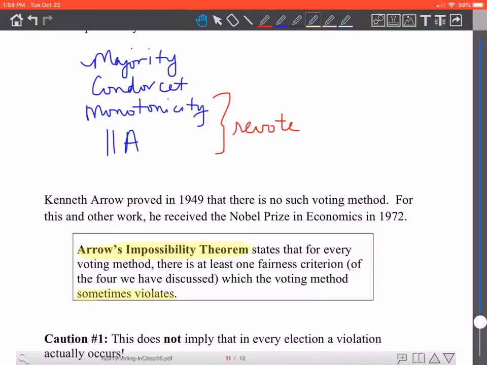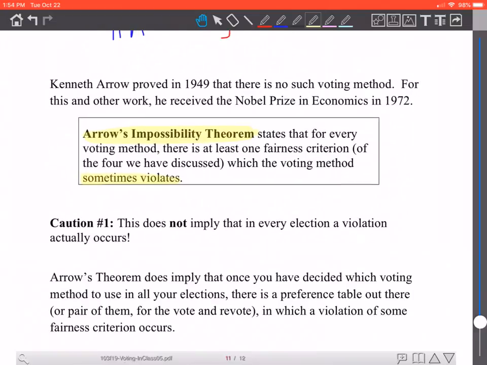Again, it's not always going to happen, but you can find an example of it possibly happening. So there's no perfect voting method. There's no voting method that will never violate any of the 4 fairness criterion. Each of them may produce at least one fairness criterion violation. Okay?